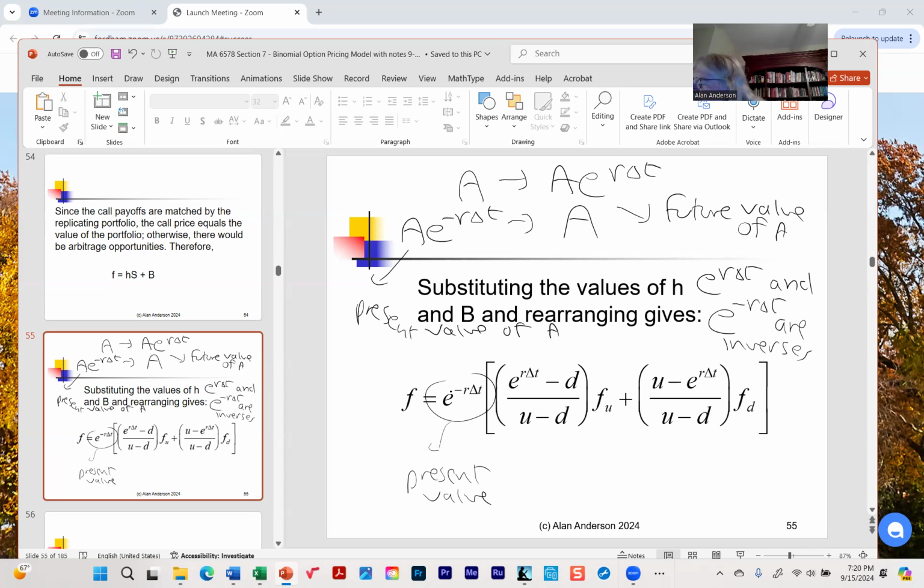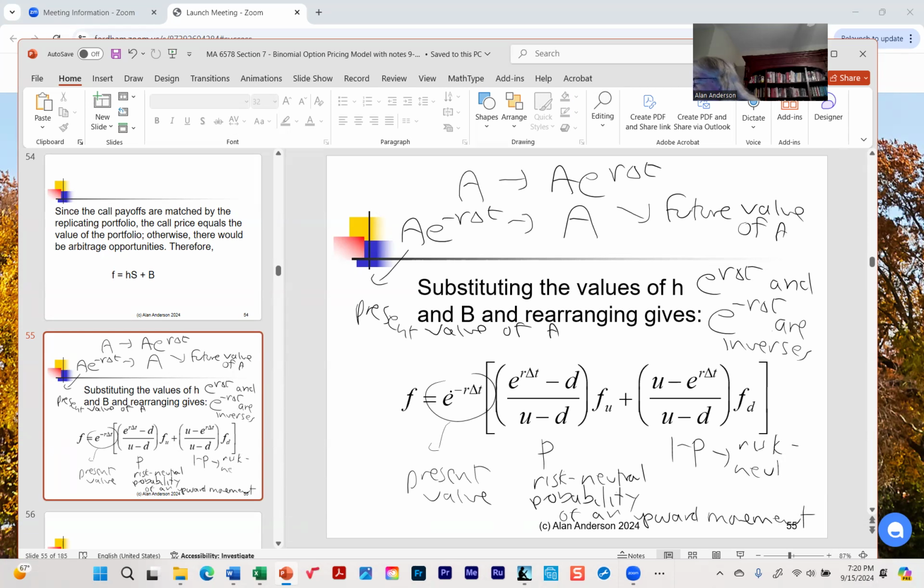This term is what we're going to call P, and this is 1 minus P. This is the risk neutral probability of an upward movement, and this would, of course, have to be the risk neutral probability of a downward movement. Okay, well, I just barely fit it in there.